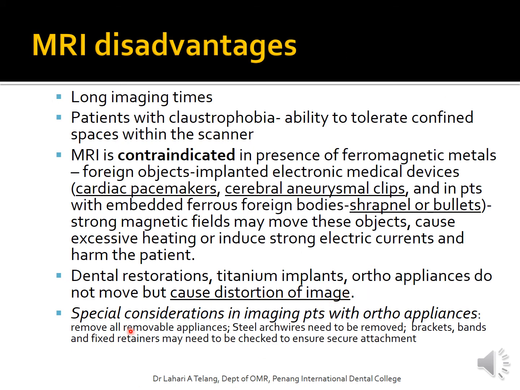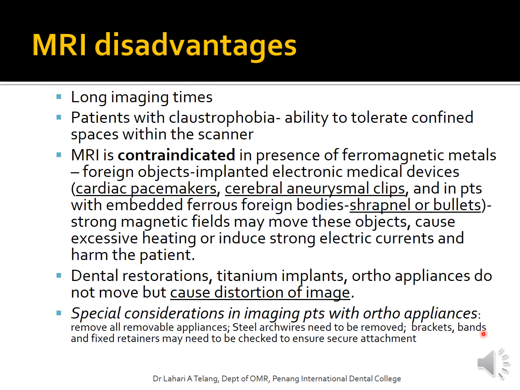And there are some special considerations during imaging of patients with orthodontic appliances. If they are removable appliances, they should be removed. Steel arch wires, especially the stainless steel arch wires, need to be removed as well, because they can cause a lot of distortion, or image noise which may make it difficult for the image to be diagnosed well.